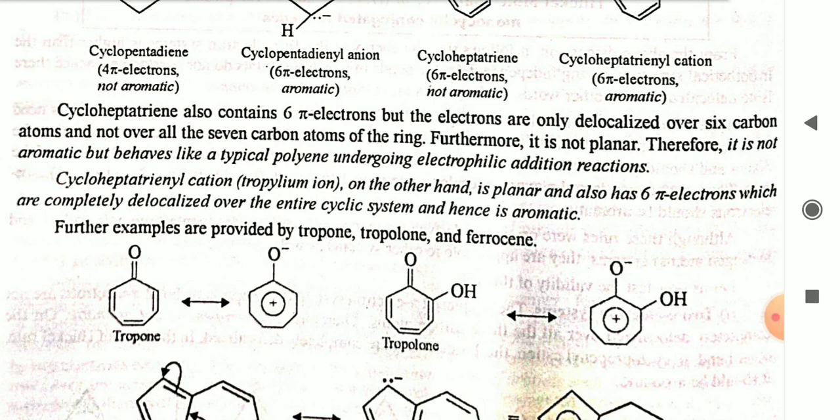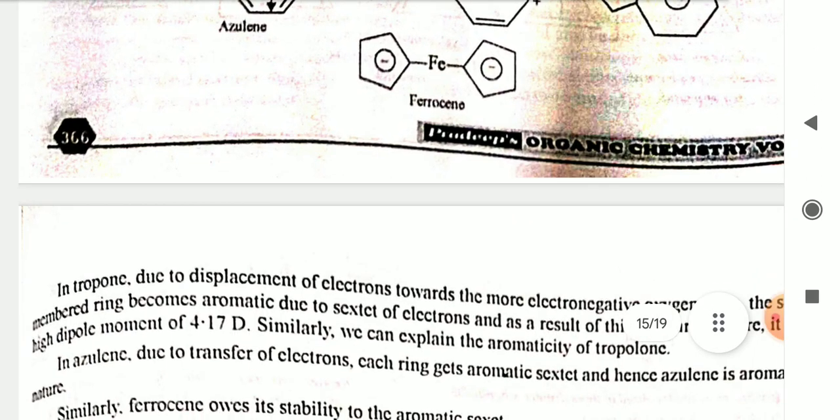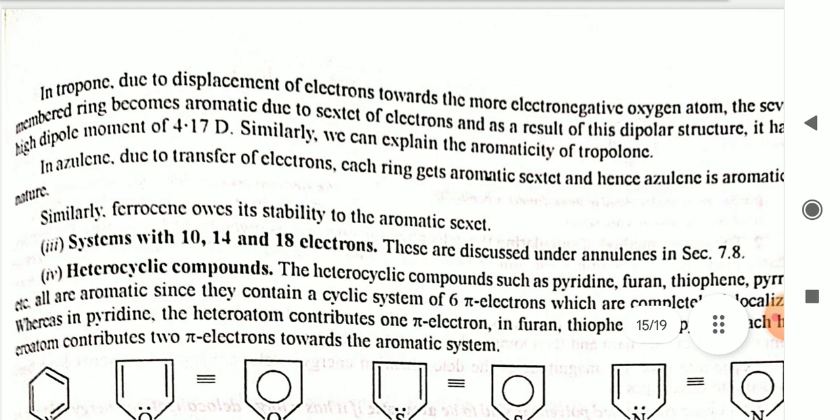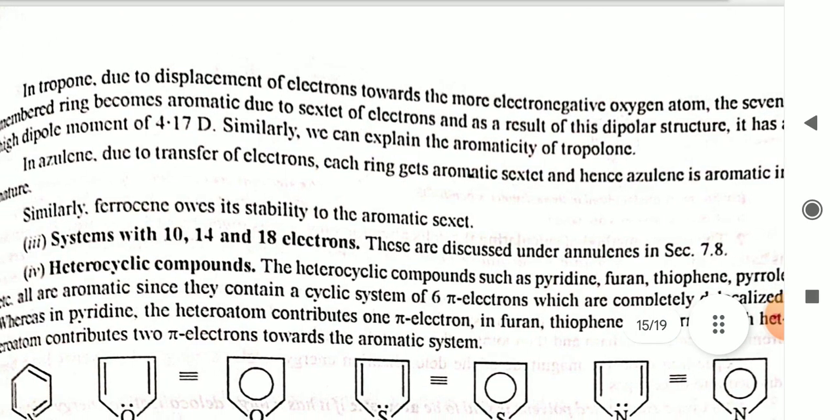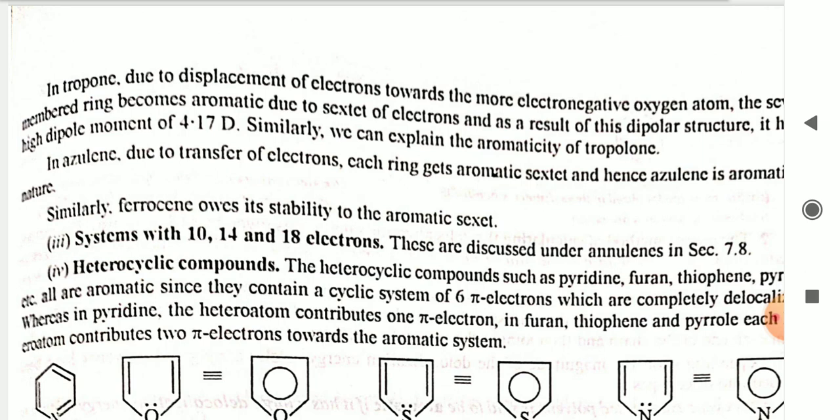Further examples are provided by tropone, tropolone, azulene and ferrocene. In tropone, due to the displacement of electrons toward the more electronegative oxygen atom, the seven-membered ring becomes aromatic due to a sextet of electrons, and as a result of this dipolar structure, it has a high dipole moment of 4.17 D. Similarly, we can explain the aromaticity of tropolone.